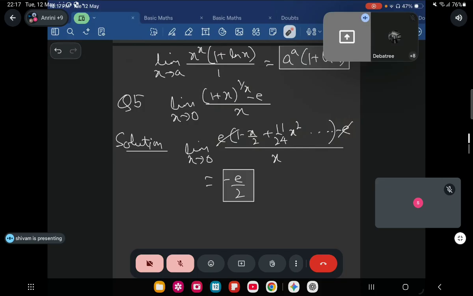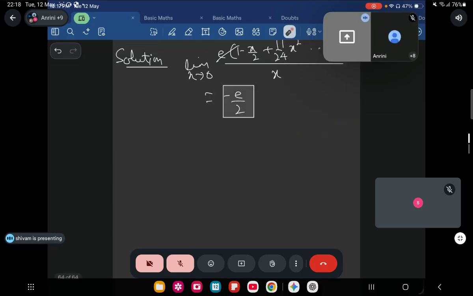And what are you getting? Coefficient of x is minus half over here. We have to check the coefficient of x. So it will become minus e by 2. Is it clear? Yes, sir. Okay, next.